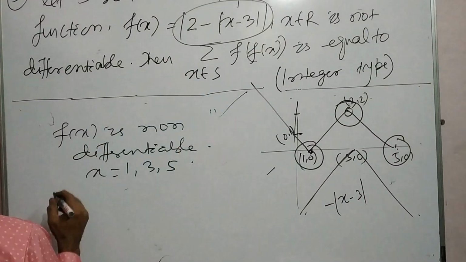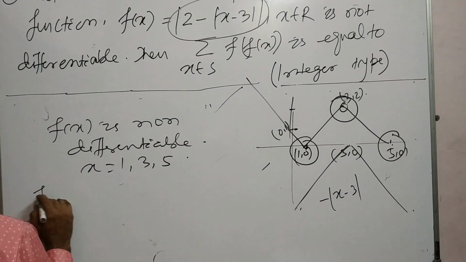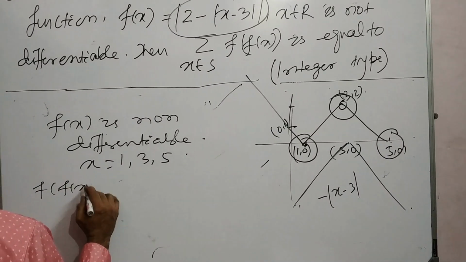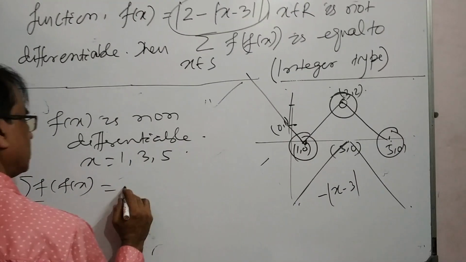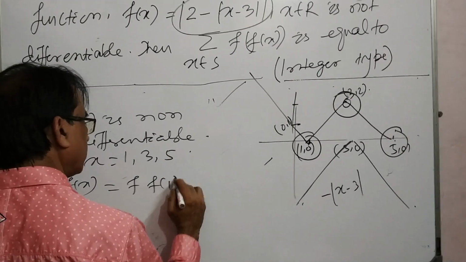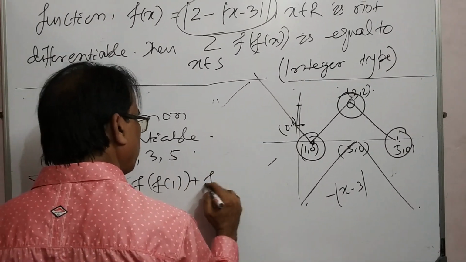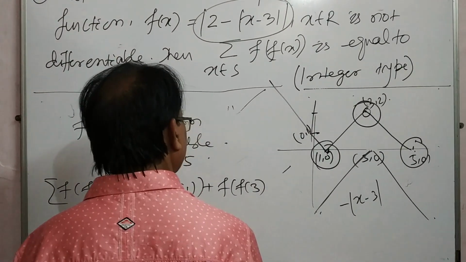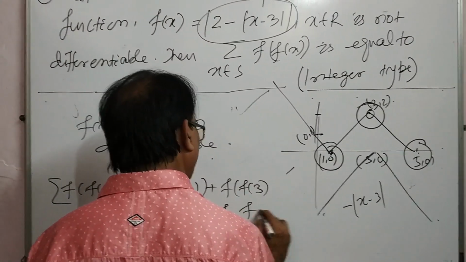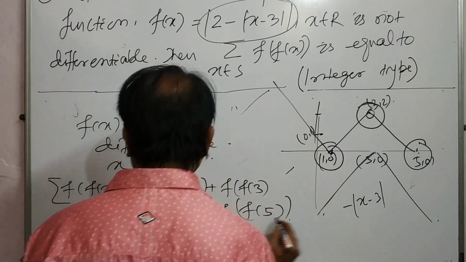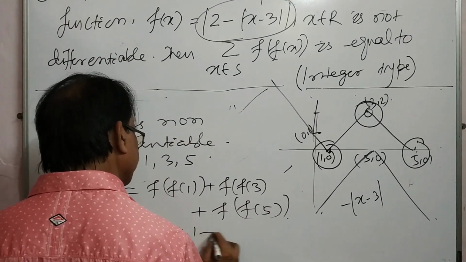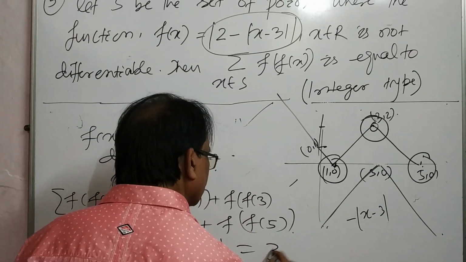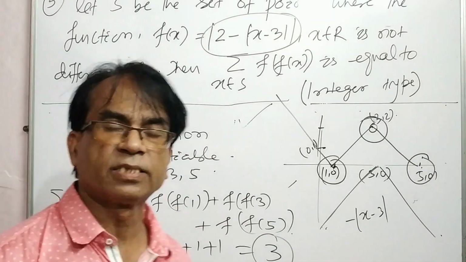Now this is the question that we are coming to. The sum f of 1, f of 3, and f of 5, and you will get it. So the answer is 3. This is an integer type question.